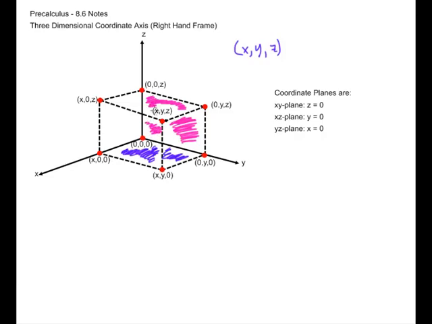All of the x coordinates are 0. And right here, this is going to be the XZ plane. All of the y coordinates are zeros. So use your imagination a little bit. I think you can maybe see the different planes there.